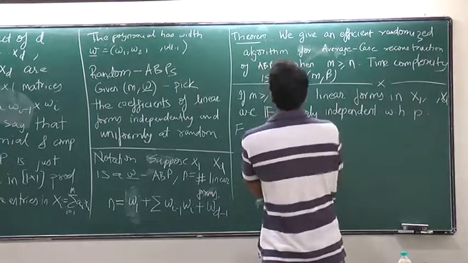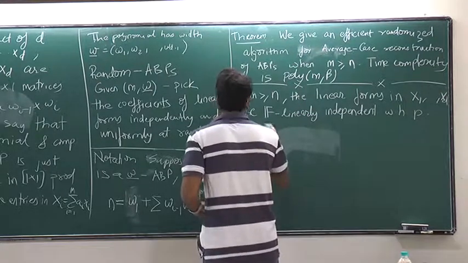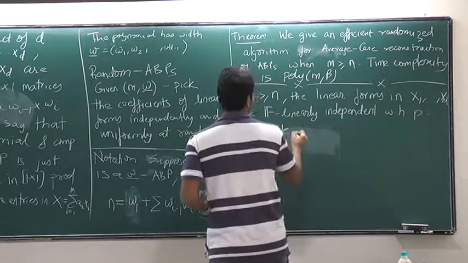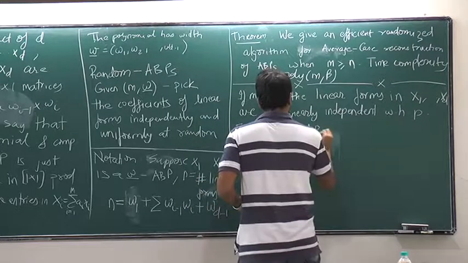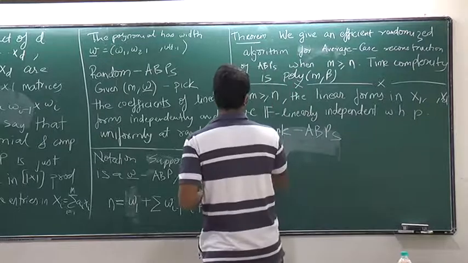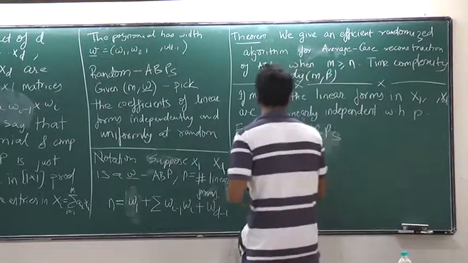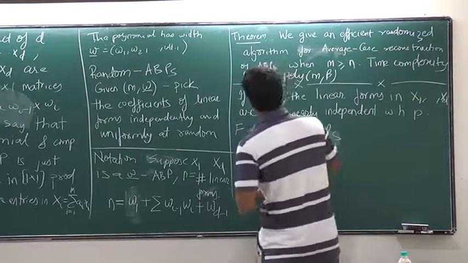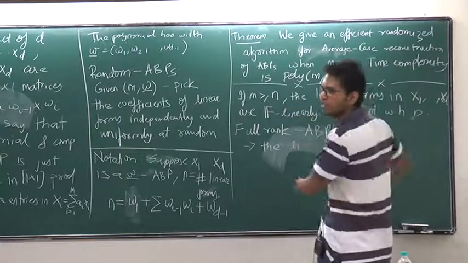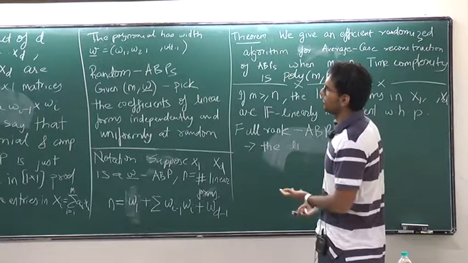The linear forms in x1 to xn with high probability... it's just this definition: all the linear forms are F-linearly independent. And the algorithm basically does this.